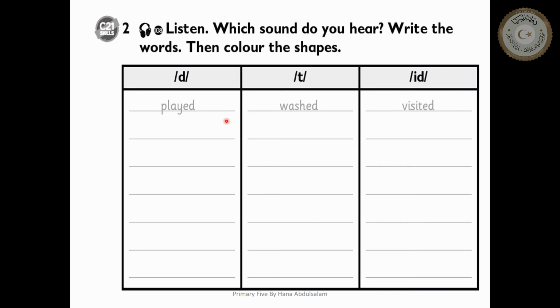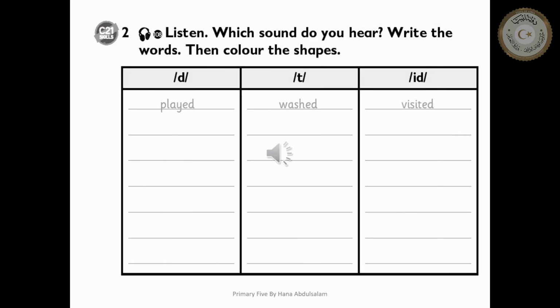Even though they all end with ed, each one sounds different. Played, washed, visited. So now you are going to listen and decide if it is like played or like washed or like visited. Ready? Listen. Which sound do you hear?